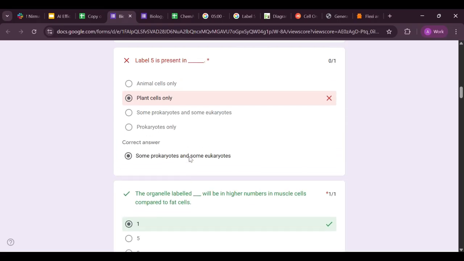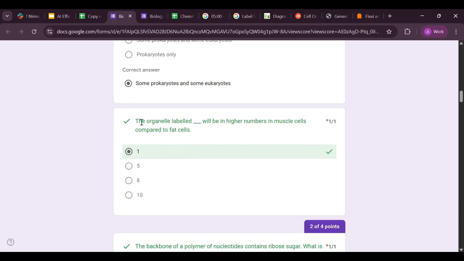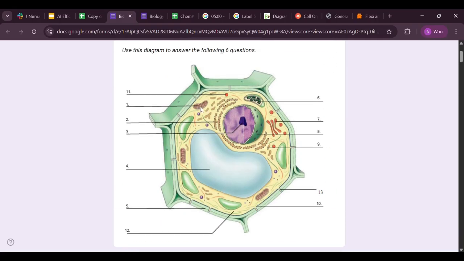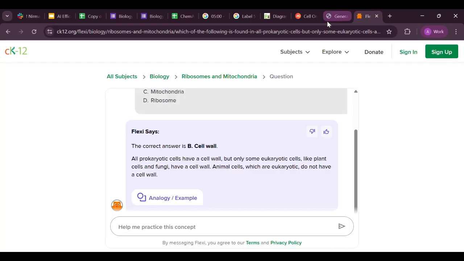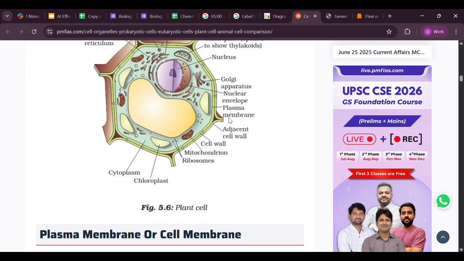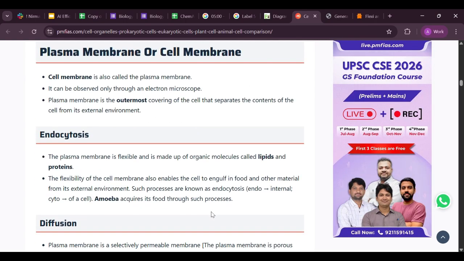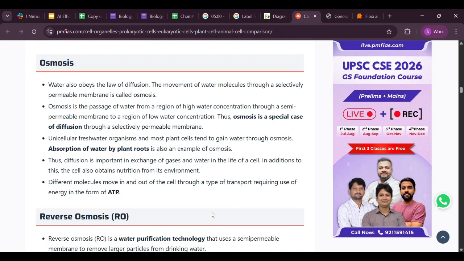So further, the organelle will be in higher numbers in muscle cells compared to fat cells. I have chosen one. What's one? Let's see what one exactly is. Actually, I don't know what one it was at all, the guess that I have given. So it is mitochondrion. Let's see, is there any description which is helpful in giving the answer?